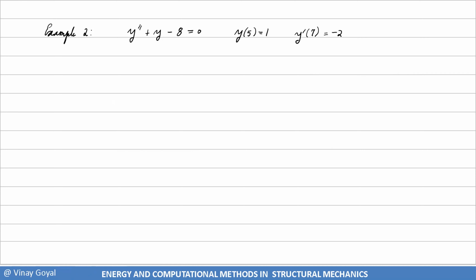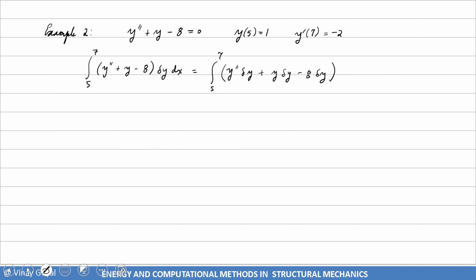My goal is to come up with a functional, so I'll take the integral from 5 to 7 and multiply this by del y. And I think I'll just transfer everything like that very nicely. And now the only term that has double derivatives is this one, and I want to transfer half of the derivatives to this one. That's my goal, so I can then get a quadratic functional.